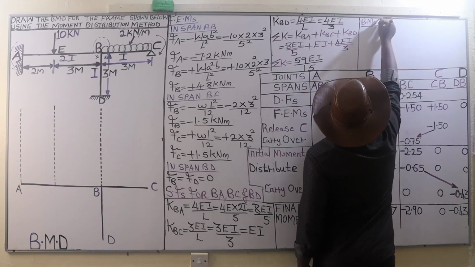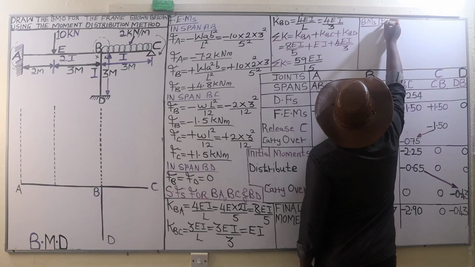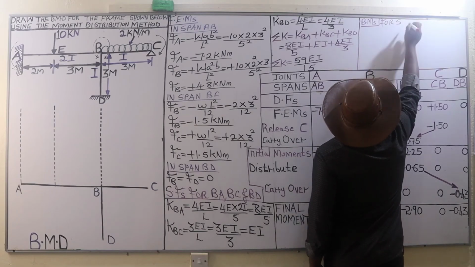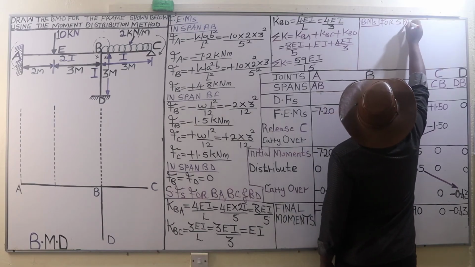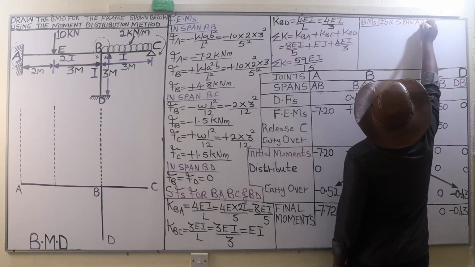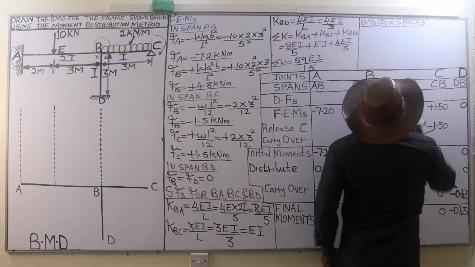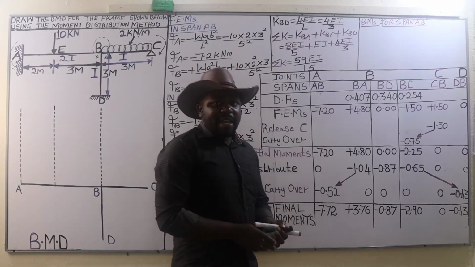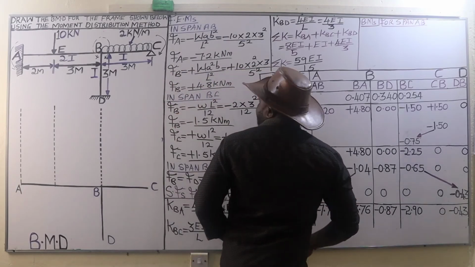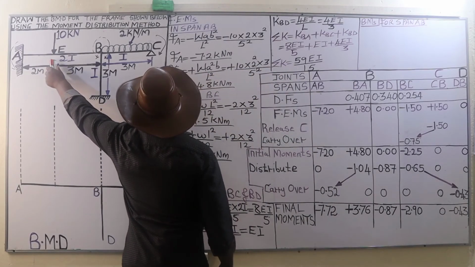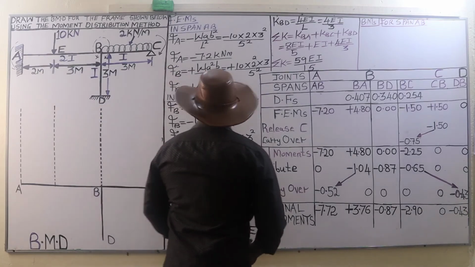In this case we are going to begin with the bending moment for span AB. The span AB is loaded with a point load of 10 kilonewtons.